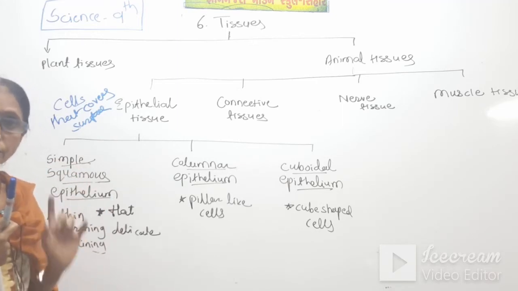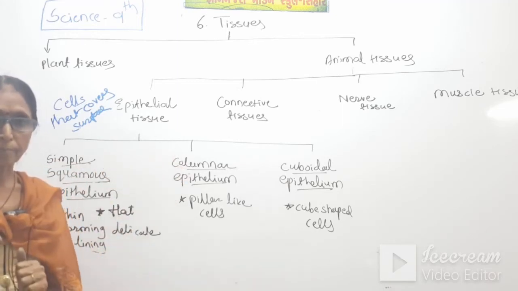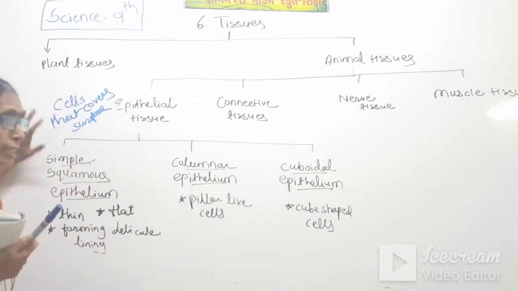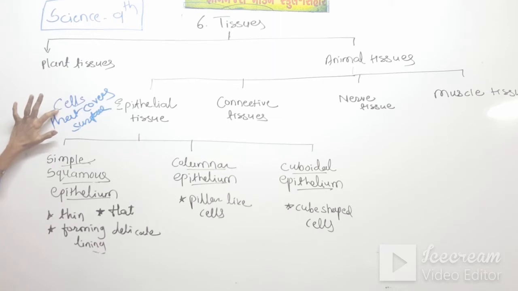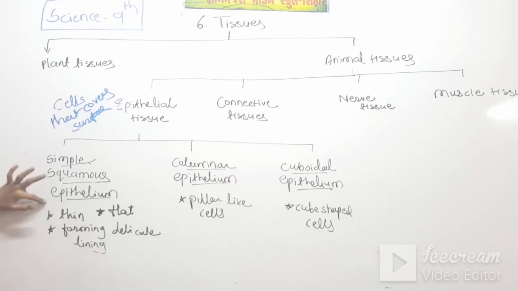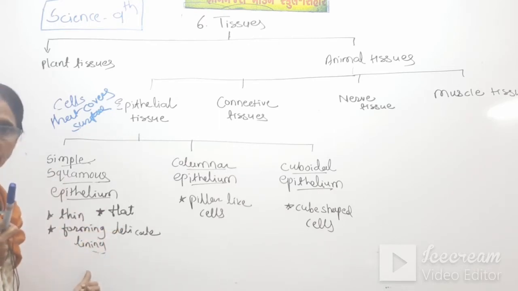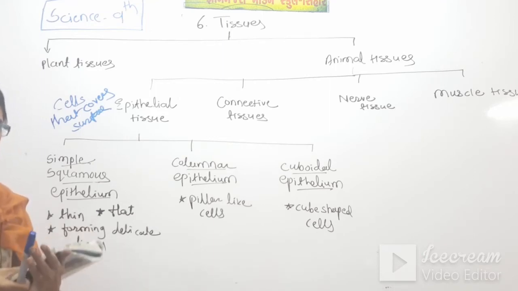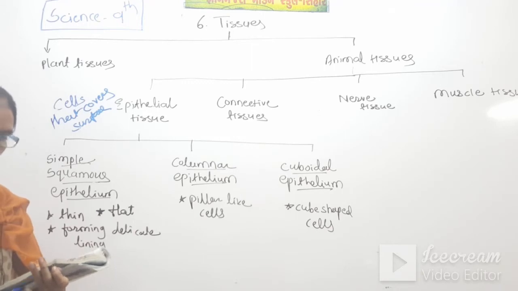So tissue means a group of cells, a bunch of cells. These epithelial cells are found on the surface of the body. Simple squamous: they are thin, flat and form a delicate lining on the surface. Now we will go into detail.